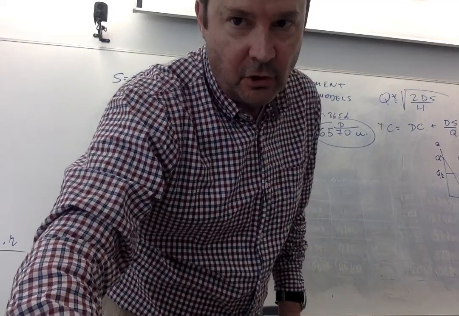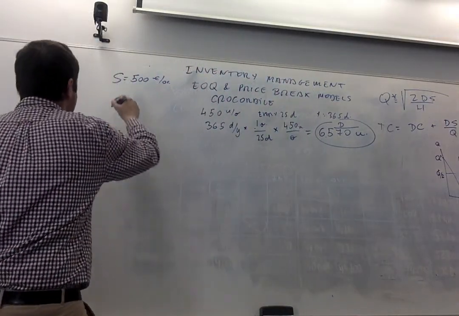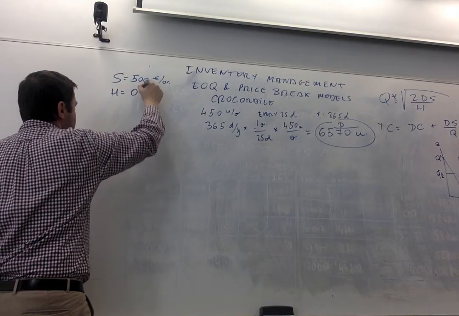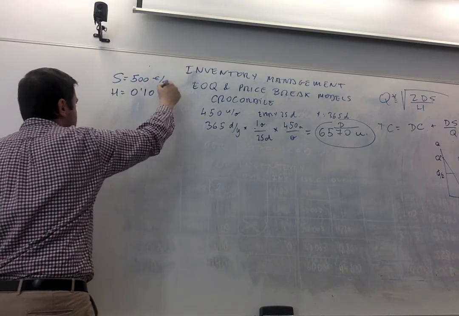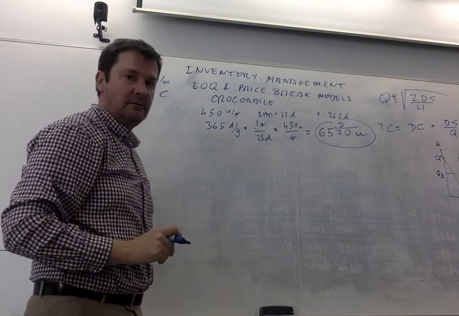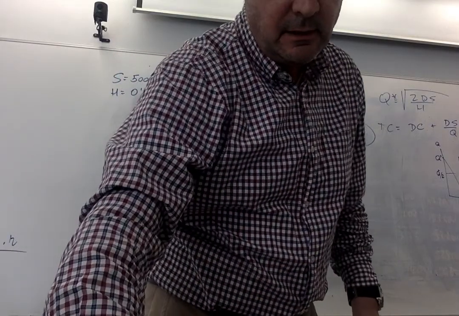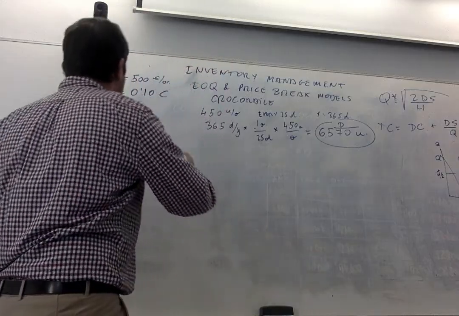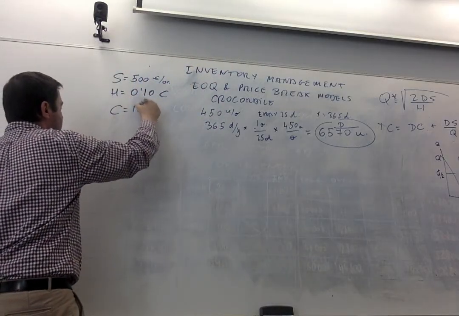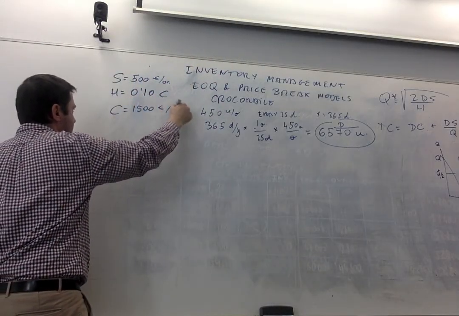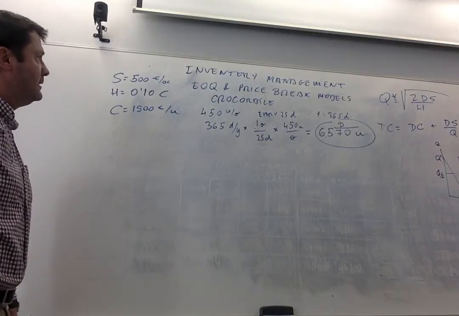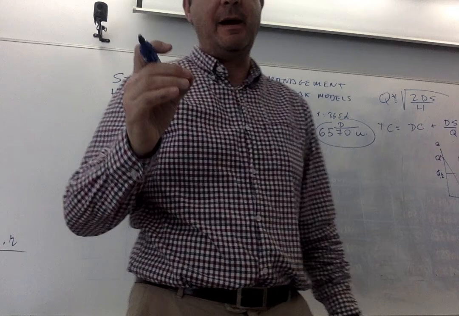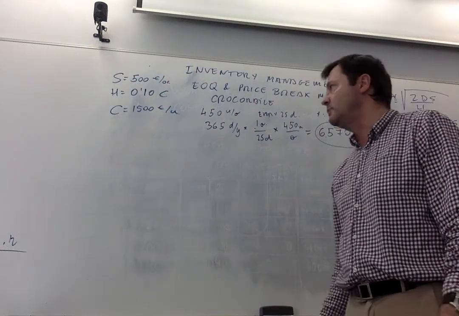And the inventory holding cost is 10% of the acquisition cost, so 0.10 C, and the cost is 1,500 euros per unit. So now we have all the variables that we need to determine the optimal order size.